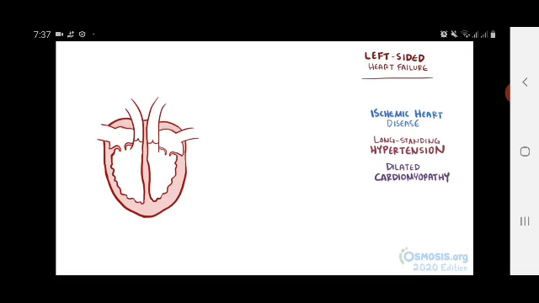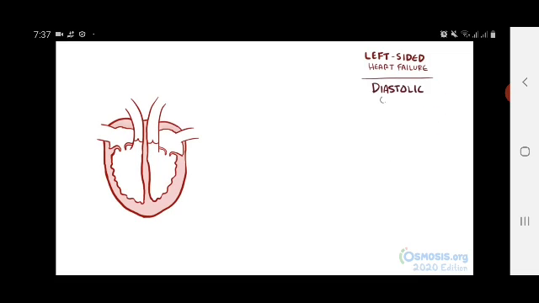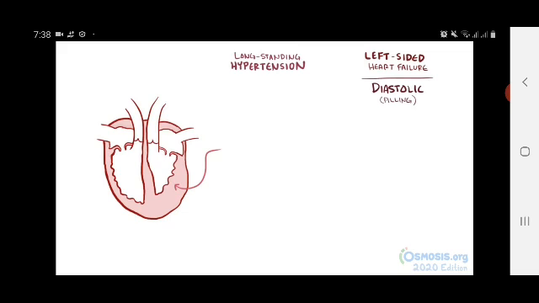Alright, even though systolic failure is most common in left-sided heart failure, diastolic heart failure, or filling dysfunction, can also happen. In hypertension, remember how the left ventricle hypertrophied? Well, that hypertrophy is concentric, which means that the new sarcomeres are generated in parallel with existing ones.